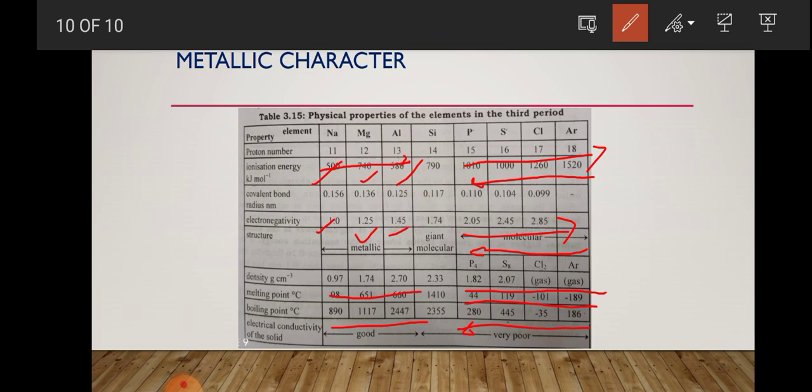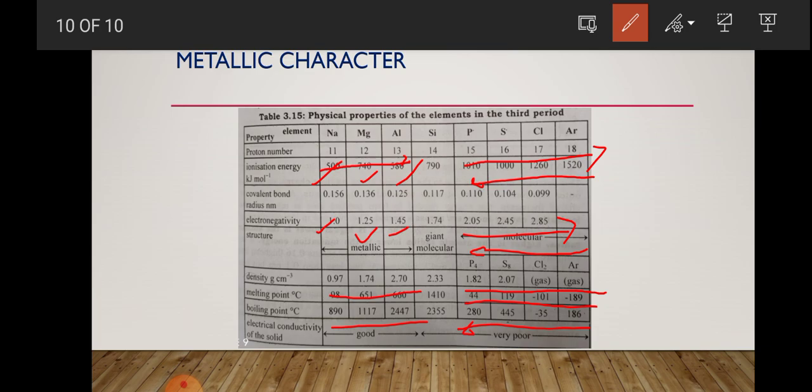The metals are good conductors of heat and electricity, form positive ions, and also have reducing properties.